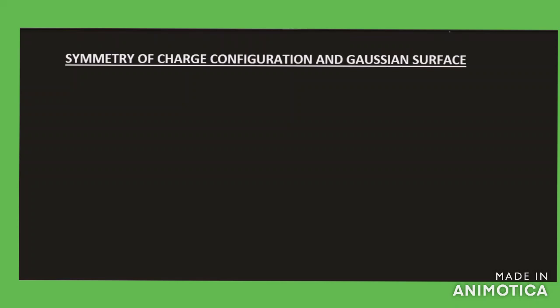So the first step is to select a suitable Gaussian surface. And we saw what all things we need to consider while selecting such a suitable Gaussian surface to make the mathematics, especially the integration step, easier.